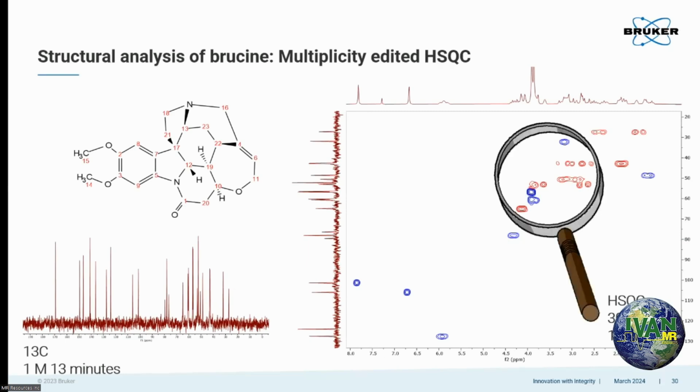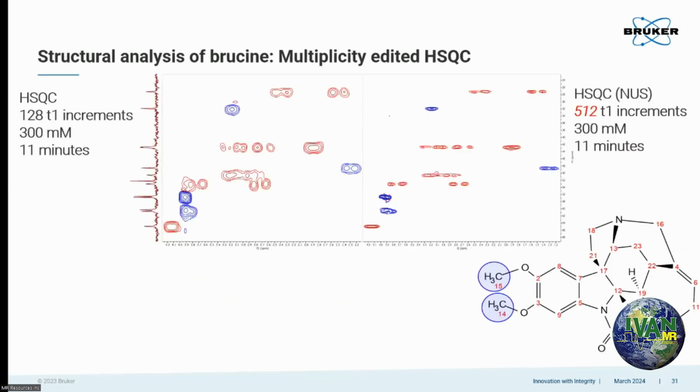But going back to those methoxy groups, we should see 2 separate contours for them. Right now we only see 1. So we'll talk about how we can potentially get that additional information. That HSQC was run with 128 T1 increments at 11 minutes. We can use non-uniform sampling, readily available on the Fourier 80, to bump that up to 512 T1 increments in the same time span.